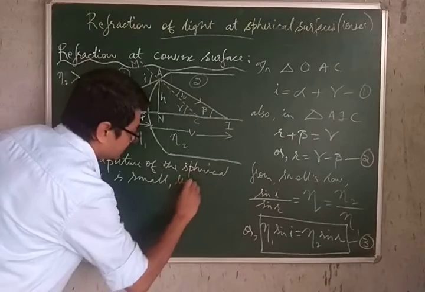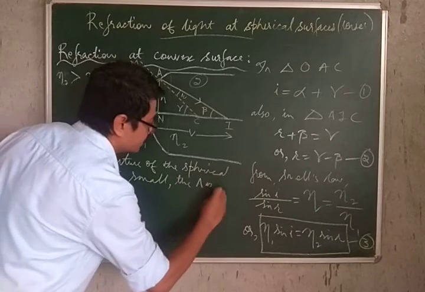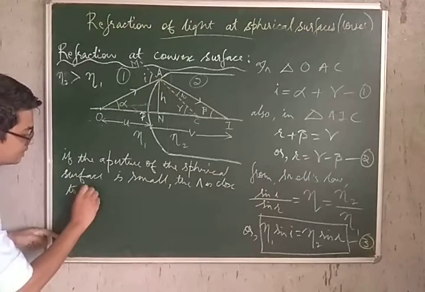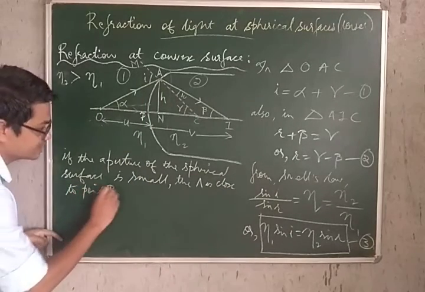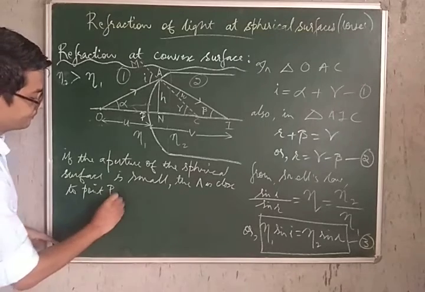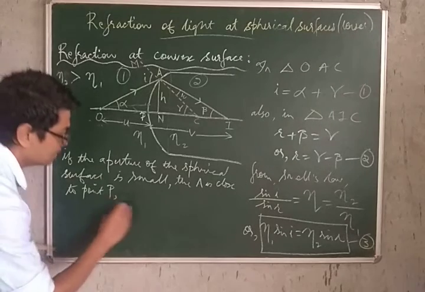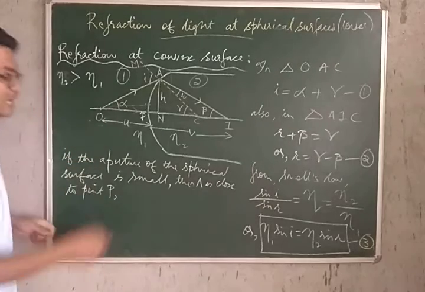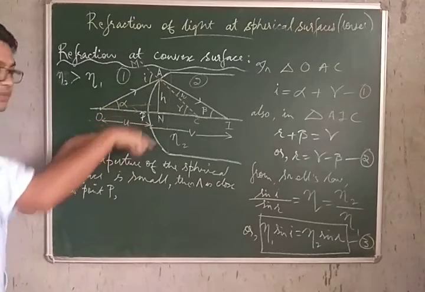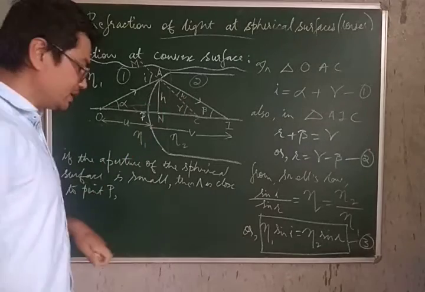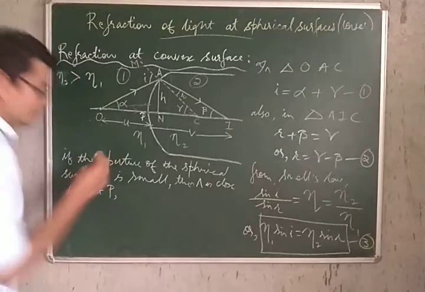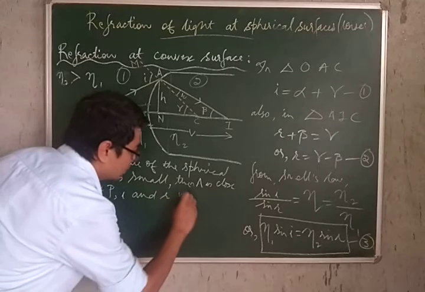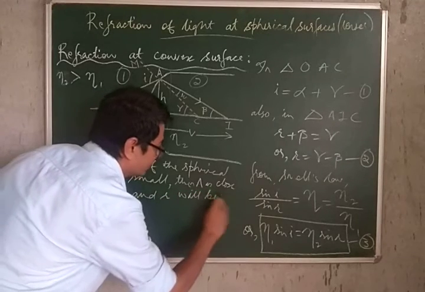Then A is very close to point P, that is the pole of the mirror. In that case the angle of incidence will be very small and thereby the angle of refraction will be very small. So I and R will be very small.